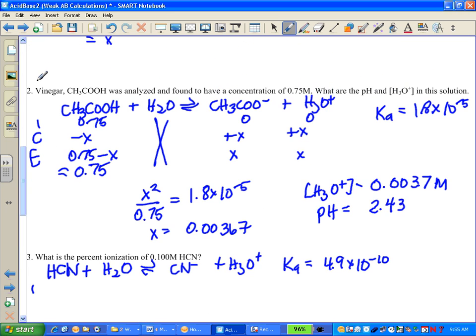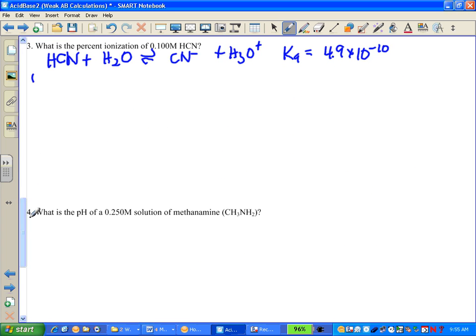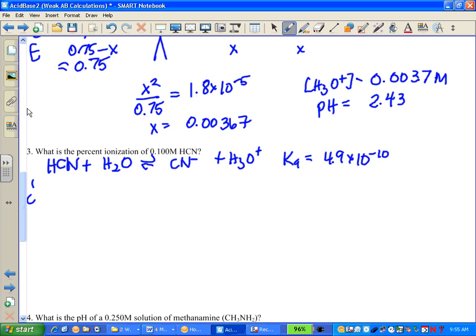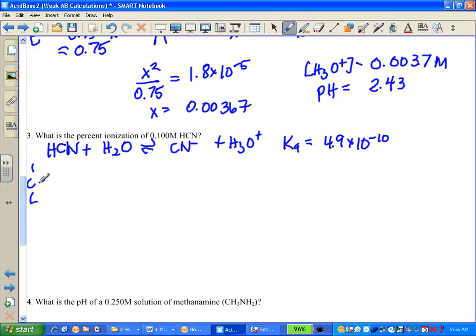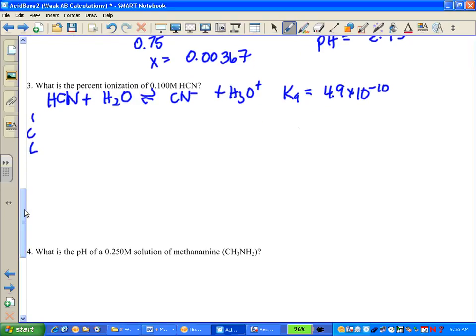If I set up my ice chart here, I'm obviously writing too close to the edge there. The HCN is 0.1. My H2O I don't worry about.